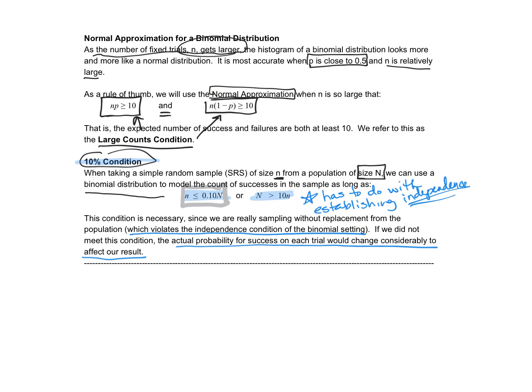One more thing, though: how do we tell the difference between these two? The 10% condition is independence. But the large counts condition is what?